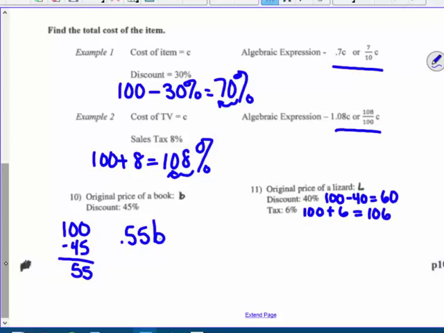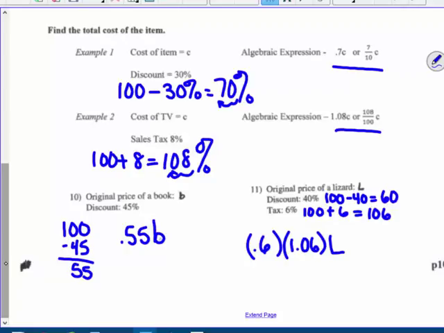So if I take my lizard, and multiply him by 6/10, and then that number times 106/100ths times the cost of that lizard will give me the total cost that it would cost me to buy that lizard. So that's page 10.